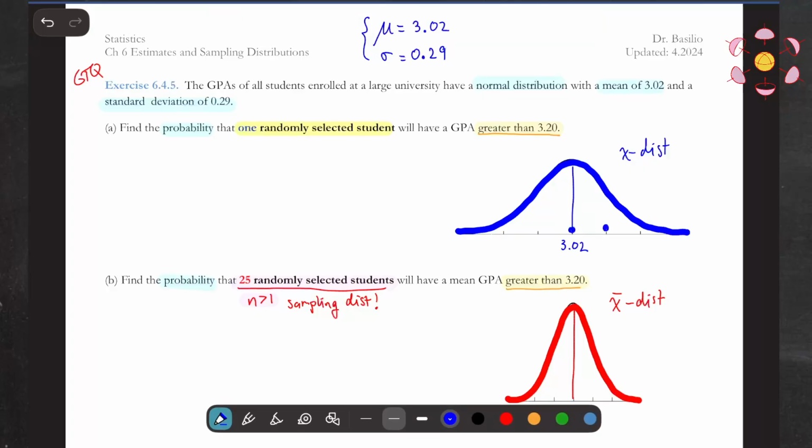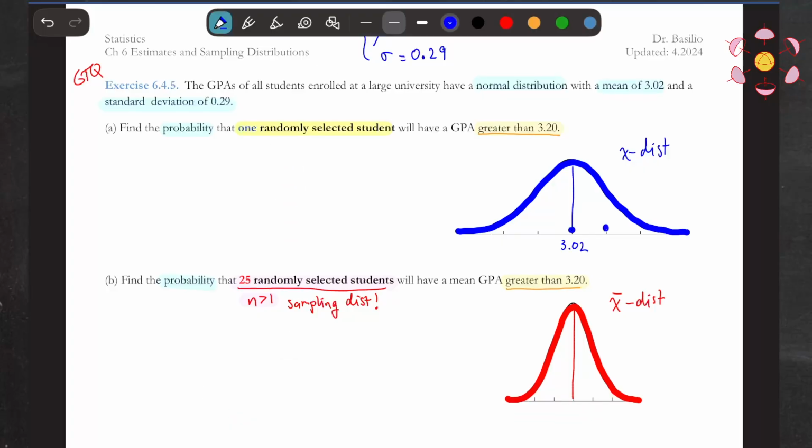If I put two dots under the sampling distribution in the same relative locations, what do those two dots actually represent? Well, the first dot, the one that's right in the middle, is saying if I grabbed a random sample of 25 students and took the average of their GPAs, that middle dot, those averages are 3.02.